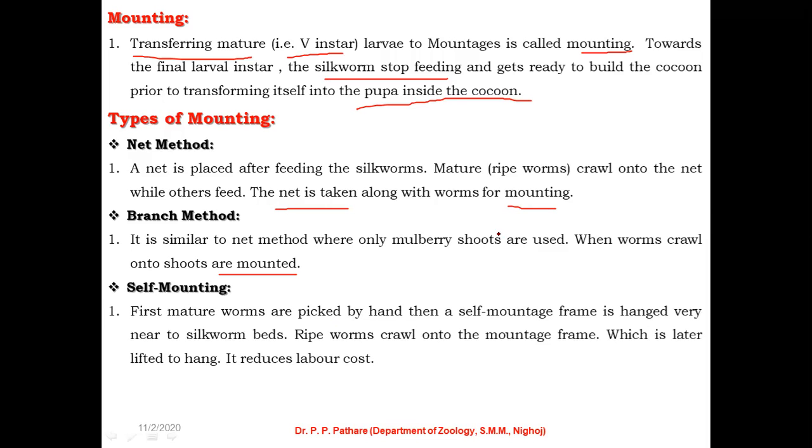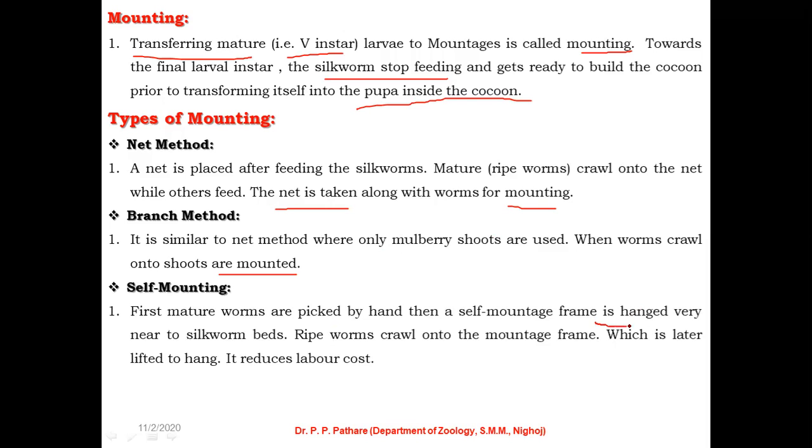Using your hand, pick up mature worms and place them on the self-mounting frame. Then they can follow this activity spontaneously by themselves, so it is called self-mounting.